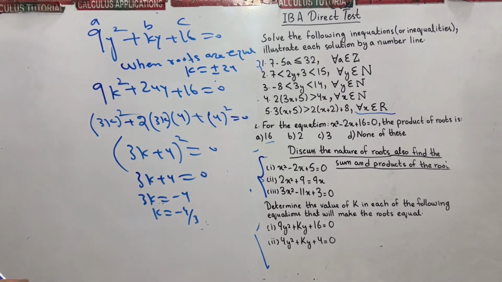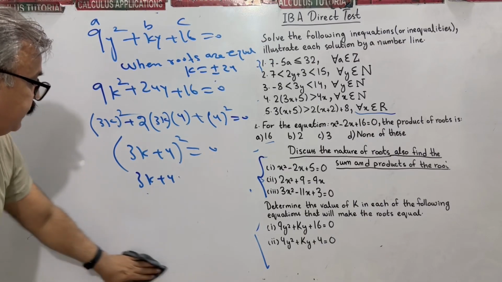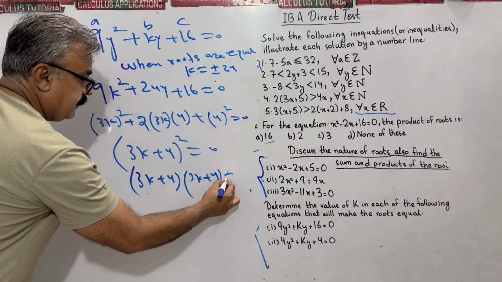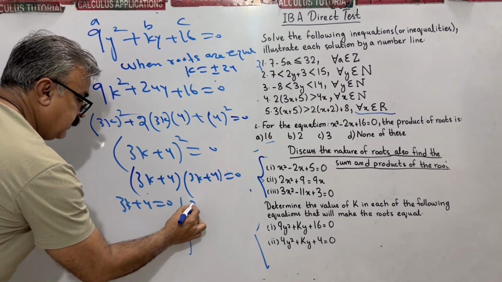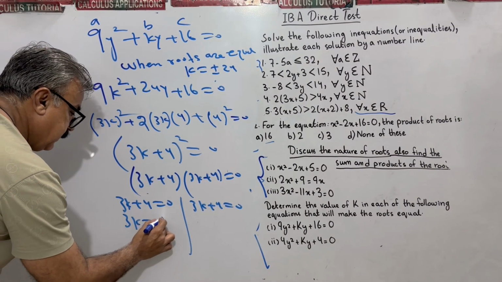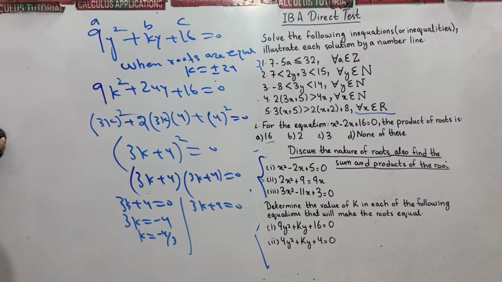If you have no idea, you can follow it in that fashion. Here it is a square, so let me write it 2 times. Equate both to 0: 3y plus 4 is equal to 0. Solve: 3y is equal to minus 4, so y is equal to minus 4 upon 3.